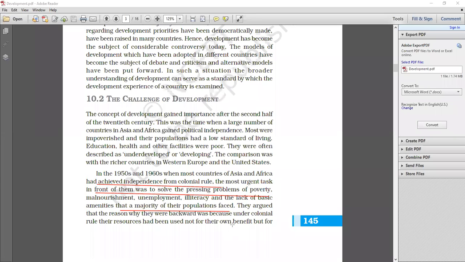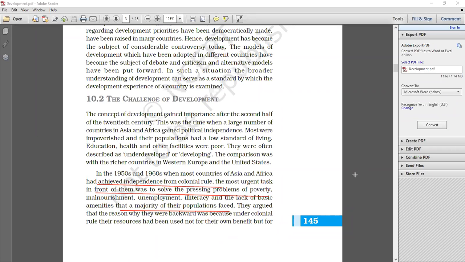Their urgent task was to give attention to the problems of poverty, because people were poor. They have a low standard of living, poor hygiene, and no good health. And if they don't have good health, how do they contribute to the growth or development of the country? So the main and urgent task before them was to solve the problems of poverty, malnourishment, unemployment, because unemployment and poverty are related to each other.